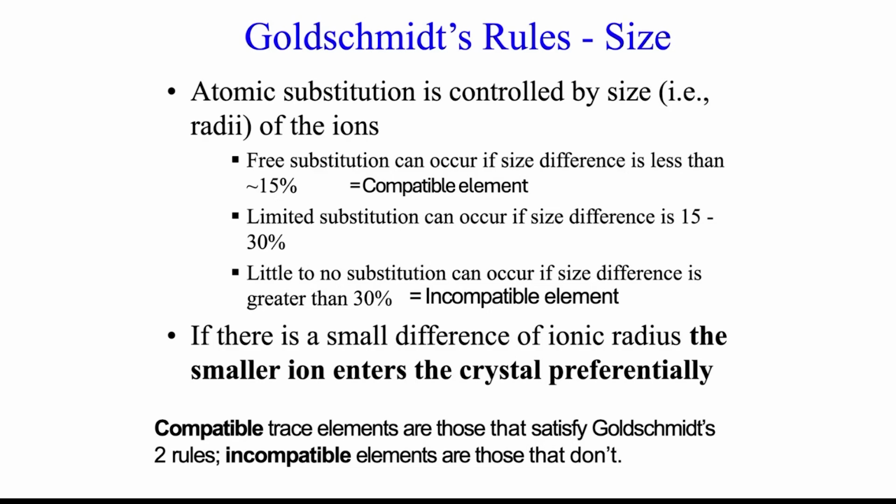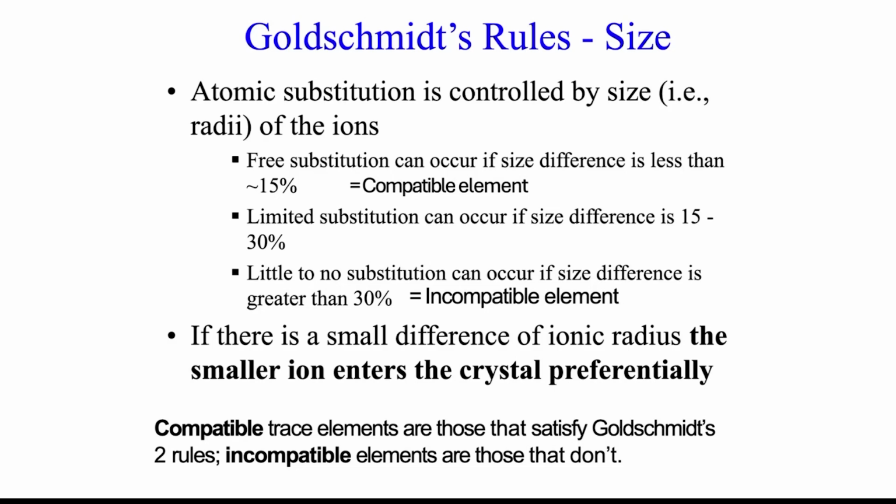When we're talking about mineralizing systems in geology, we'll talk about compatible and incompatible elements relative to the mantle. When we're talking about an ore deposit, we're talking about compatible versus incompatible relative to the minerals that we're interested in. Compatible trace elements are those that satisfy both of Goldschmidt's rules, and incompatible elements are those that don't.